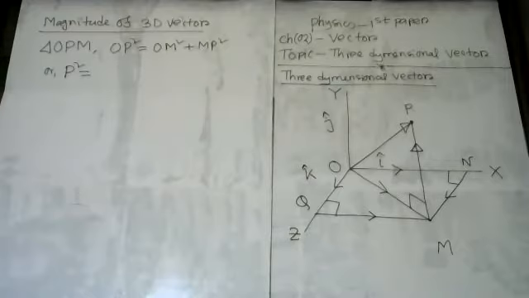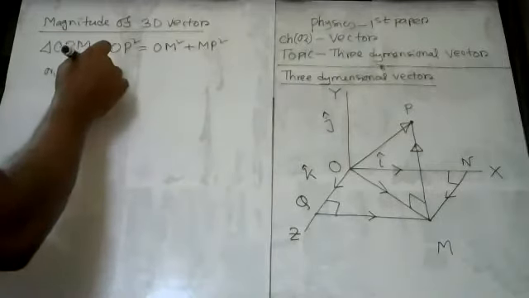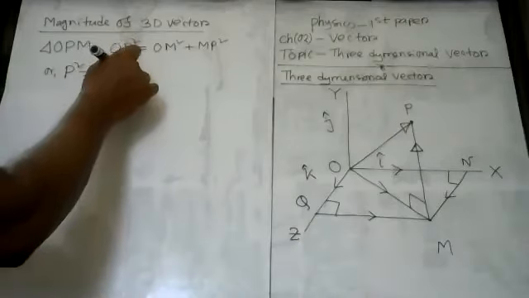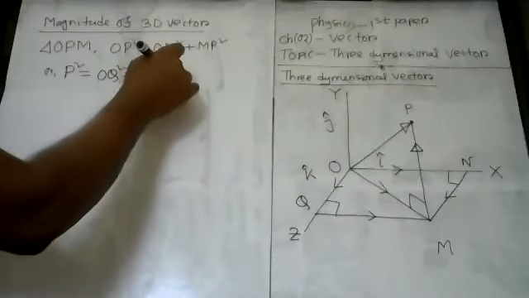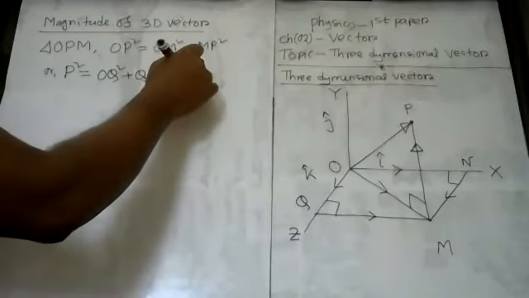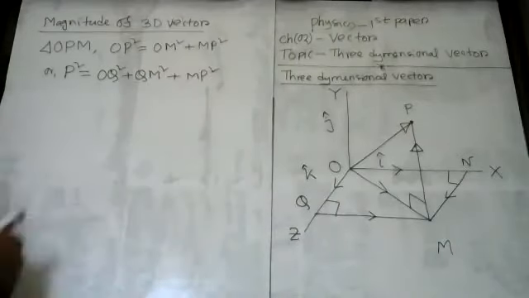That is, in the place of OM, you can write OQ plus QM. So it will equal to OQ square plus QM square plus MP square.